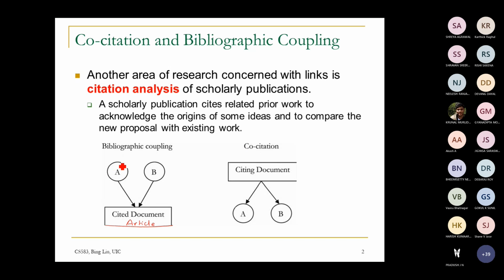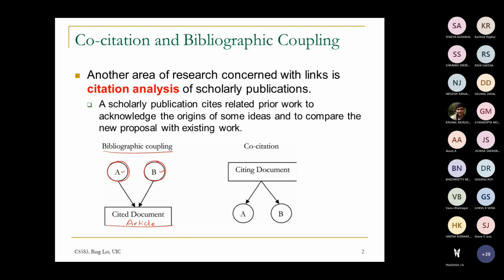There is a research article A and another research article B, written by two different authors, A and B. They are bibliographically coupled because both of these articles cite a particular article.